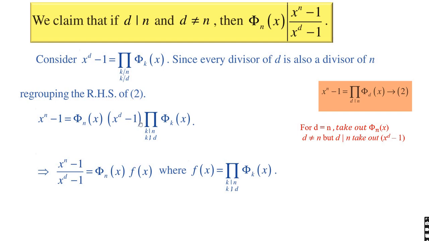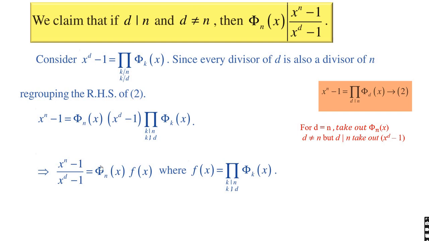So x power d minus 1 is also removed. Now in the product, what remains is phi k of x, that product, but k divides n. Here k does not divide d, right? So the one with that concept is taken out. So the remaining should be k not dividing d only.